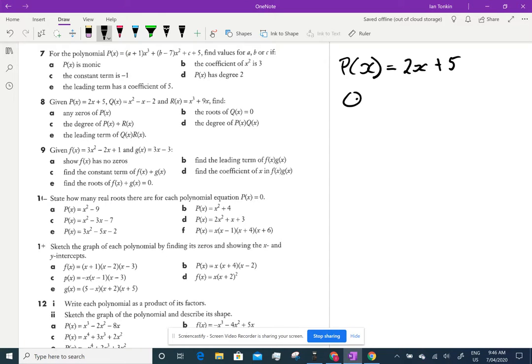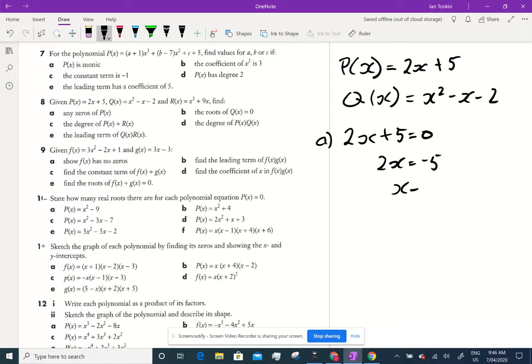And q of x is a quadratic, equals x squared minus x minus 2. Find any zeros of p of x. Well, zeros when 2x plus 5 equals 0. 2x equals -5. x equals -5 on 2.